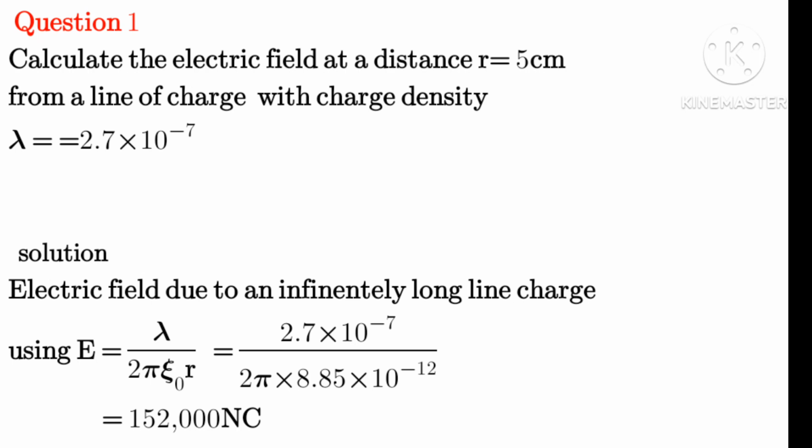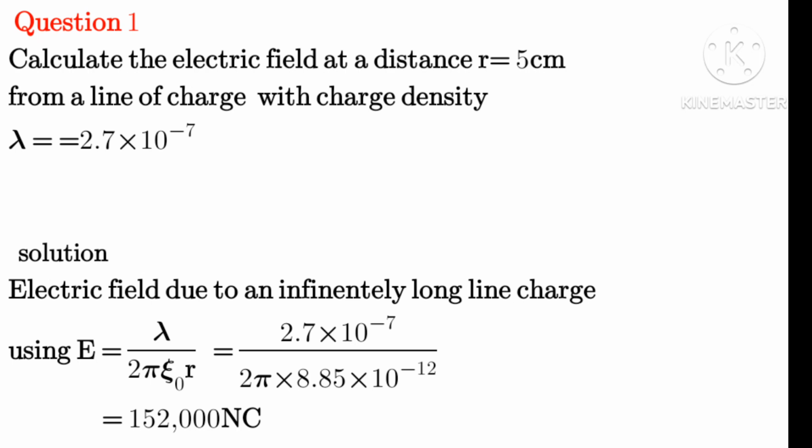So that is the electric field at a distance of 5 centimeters. Don't forget that the distance is also input. We have 2 pi times 8.85 times 0.05. We convert the distance. I didn't put it there, so just make sure that you put the distance there. The distance is 0.05, converted to meters. So that is that for question number 1.